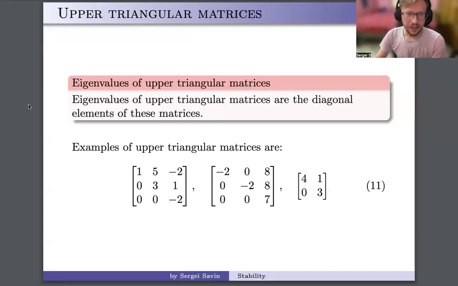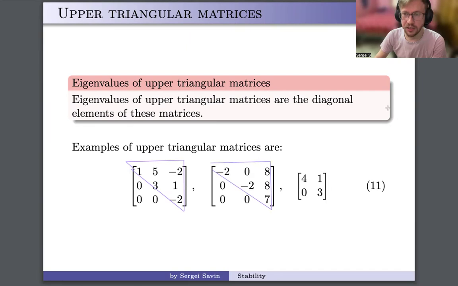All right, so upper triangular matrices. What do we have here? Well, upper triangular matrices look like this. You have elements on the diagonal and on top of that. That's why we call them triangular, because they form this triangle.